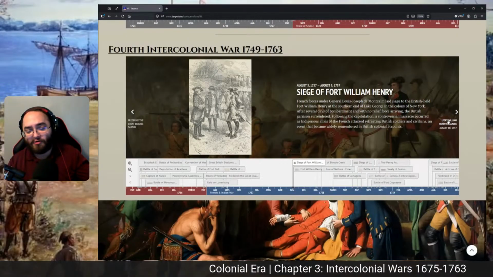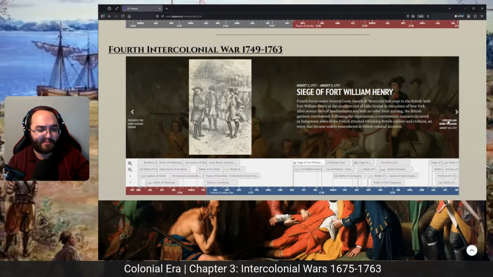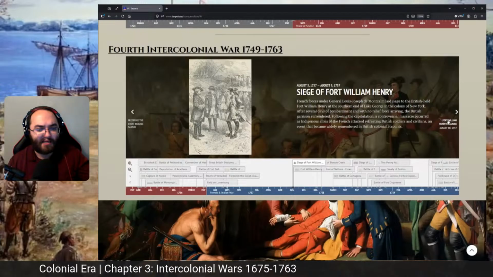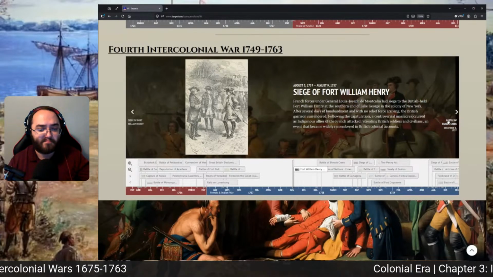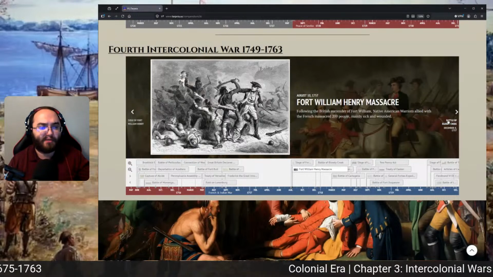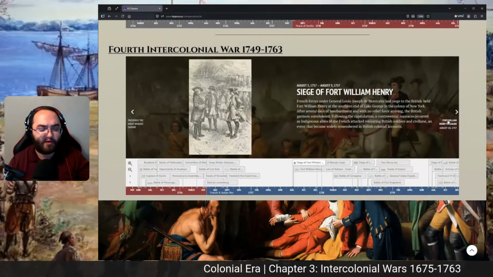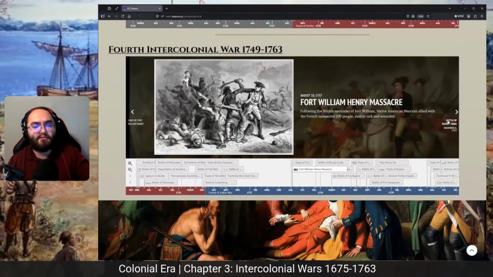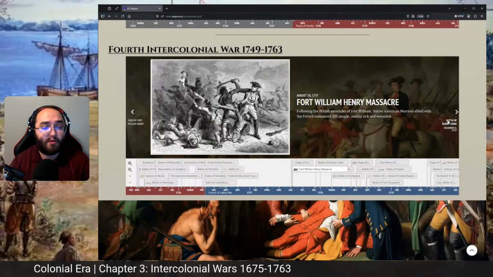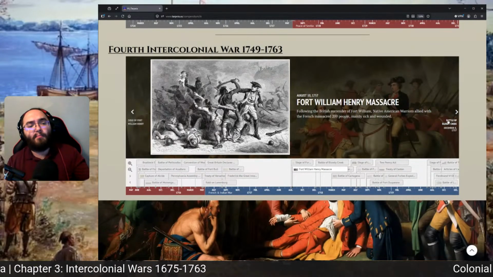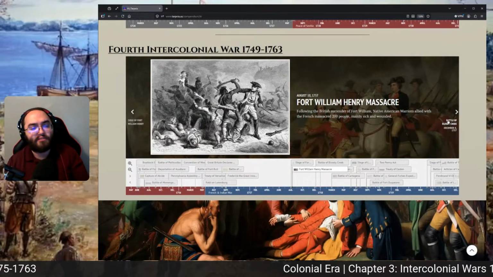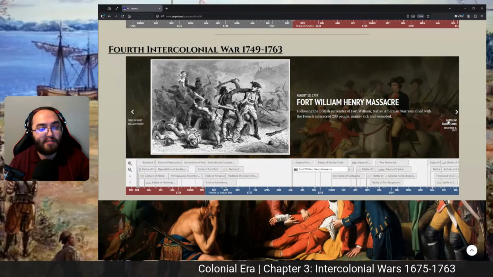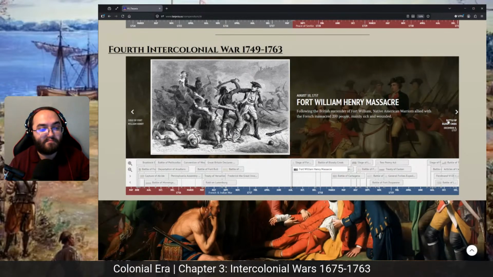It comes out July 3rd, and it's called Young Washington, and this is the siege of Fort William Henry, and the British are being besieged by the French and their native allies, and the British give up. They surrender the fort, but as soon as the English leave, the Native Americans start to kill the English.